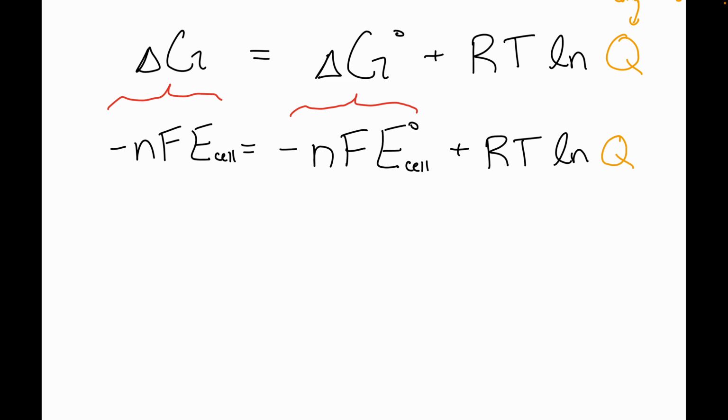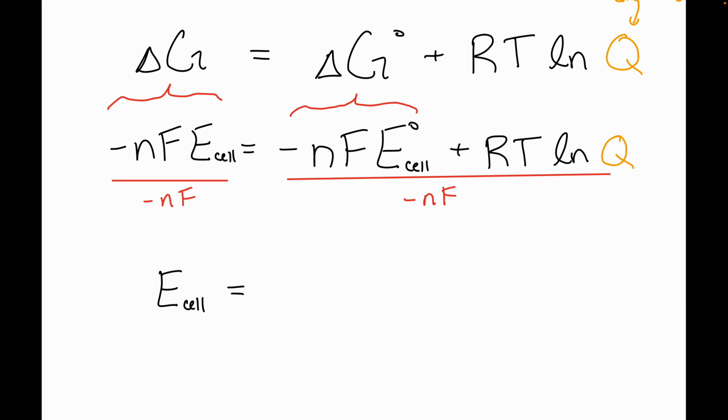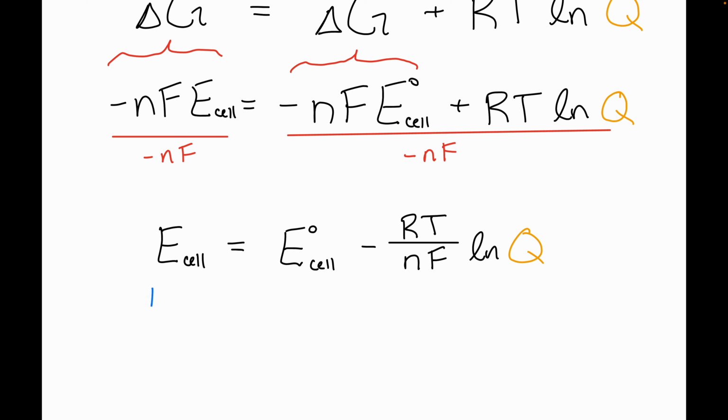All right, and if we reorganize this equation by dividing each side by negative NF, we arrive at this relationship where the potential of our battery outside standard conditions is equal to that standard potential minus RT over NF natural log of Q. This is our way of calculating our potential under any conditions.